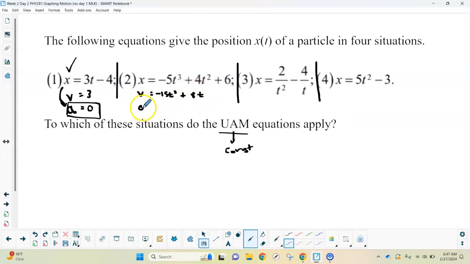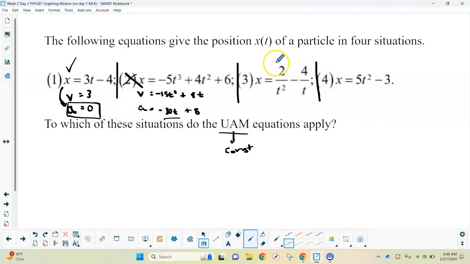And then you take the derivative one more time, and this is going to be 2 times -15, which is -30t, plus 8. This is non-constant because t is a variable that changes. So if you put in time 0, time 1, time 2, you're going to get different values for a. So this one is not good for uniformly accelerated motion questions.